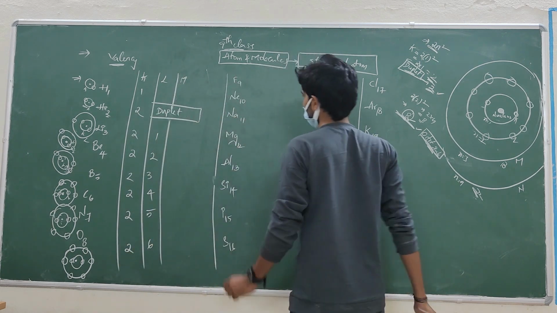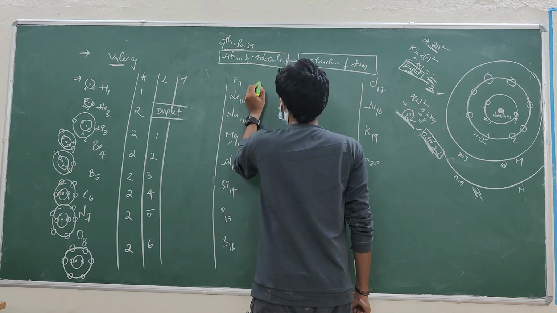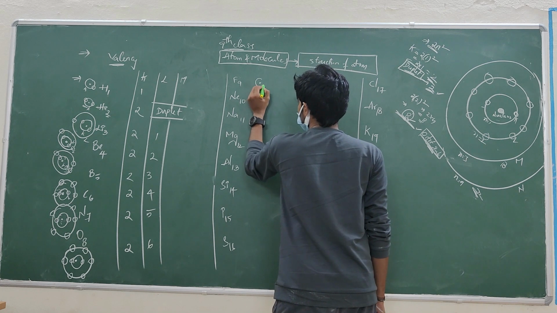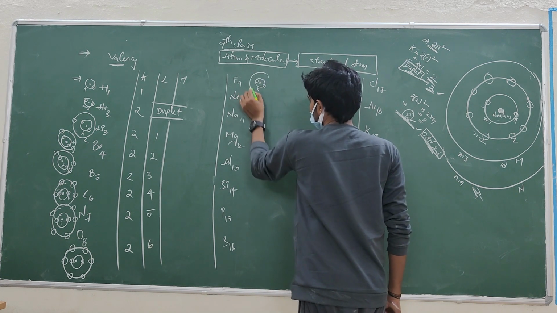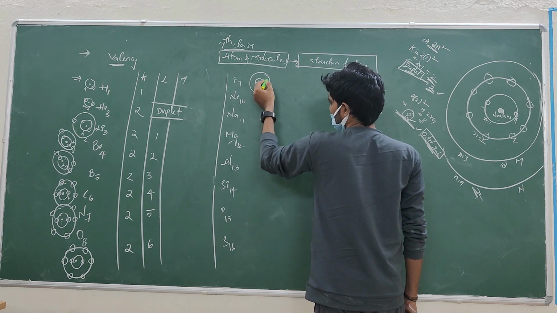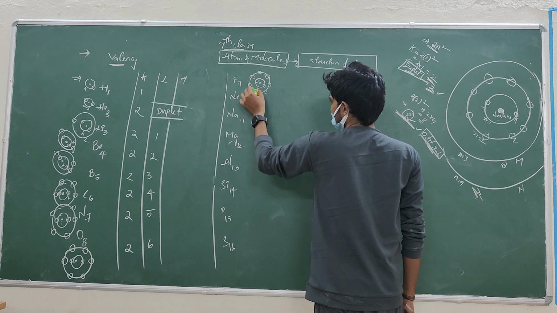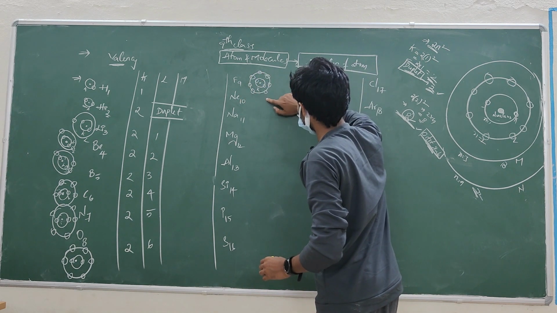Next, coming to fluorine. Let's put the structure. It has a nucleus, with 2 electrons in the first shell, which we call the K shell, and in the next shell 7 electrons.